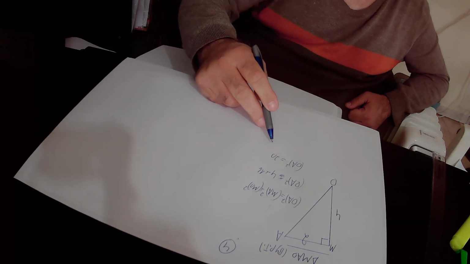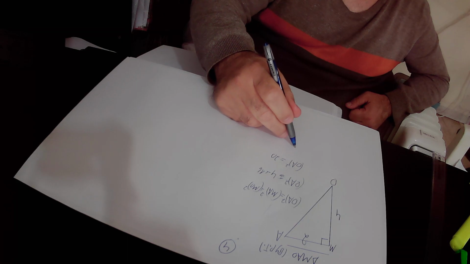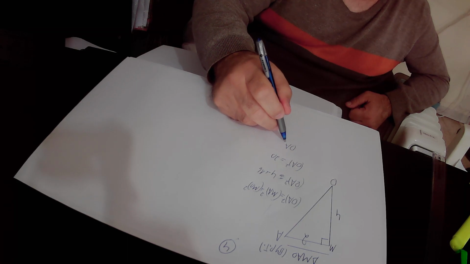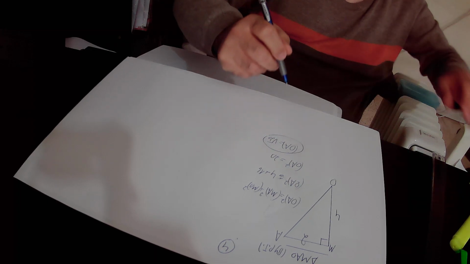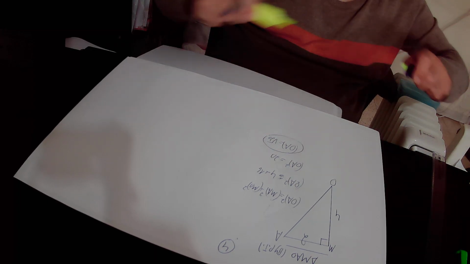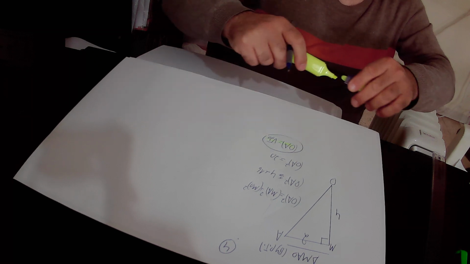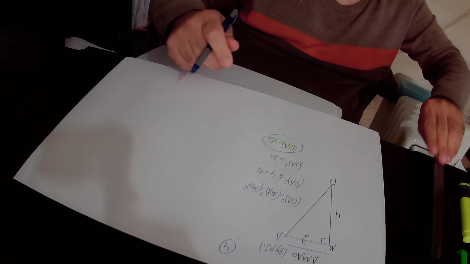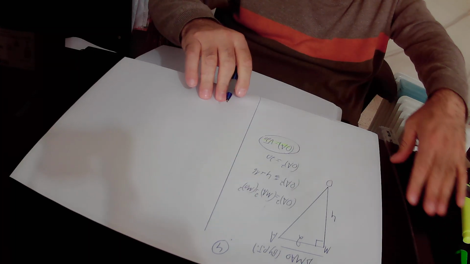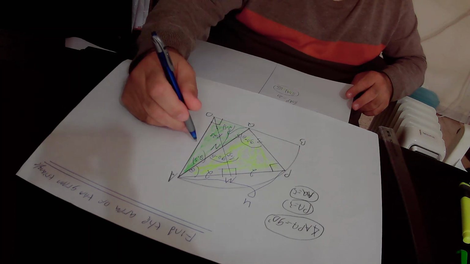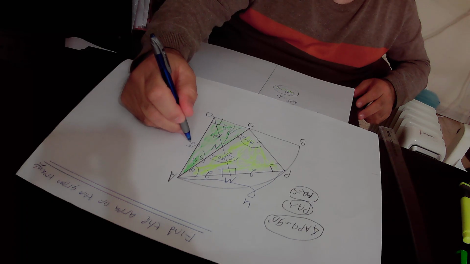So finally we found out that OA equals the square root of 20 units in its length. So I'll write it down in the original drawing, that OA equals the square root of 20 units.